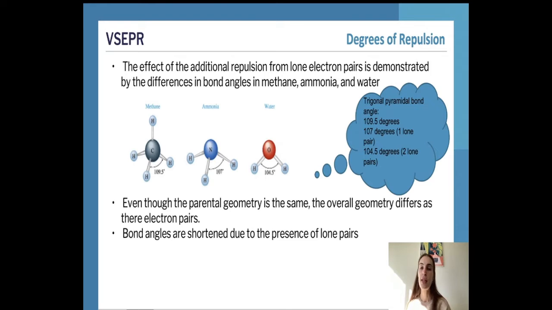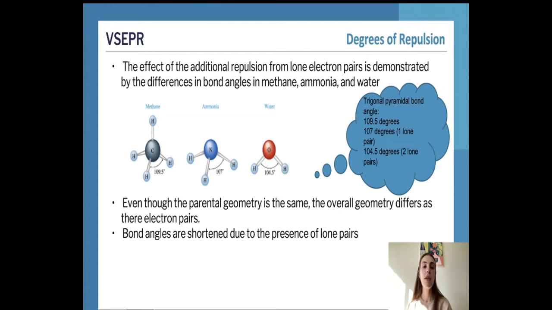It's important to notice that we have a tetrahedral bond angle, which is that 109.5 degree angle, which we can see in methane. With water, we can see that it is a bent arrangement, and we have a similar pyramidal type arrangement with ammonia.